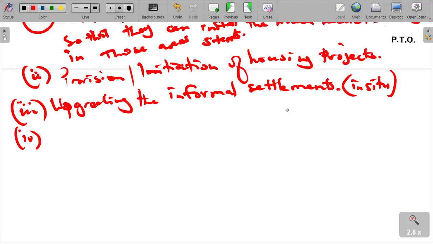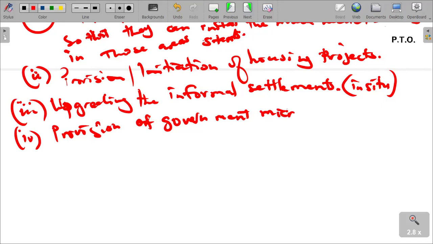And then government provision of microloans for housing developments, for housing projects.